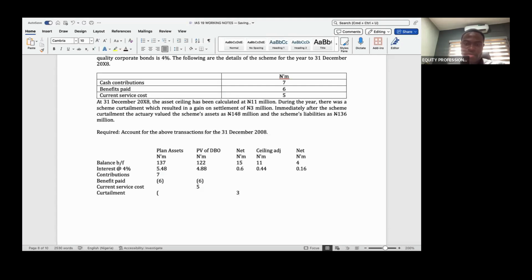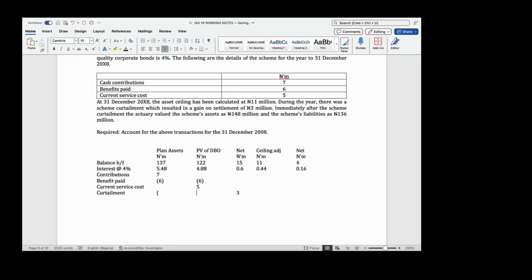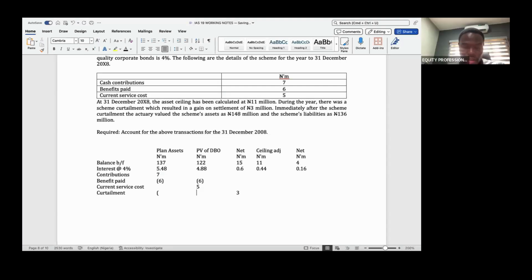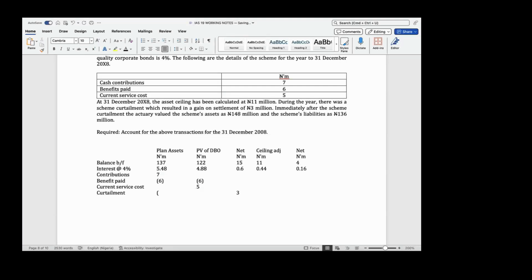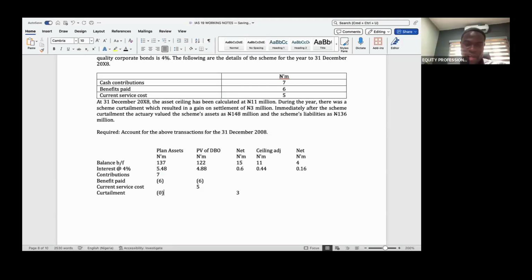Giving me the gain directly as 3 shows me that, which one will have been higher, obligation or asset? Obligation will have been higher by that 3.